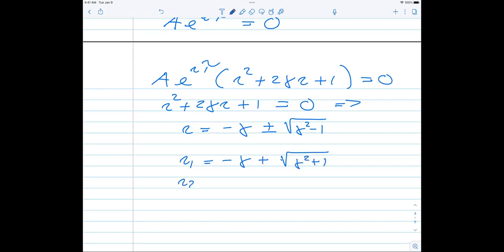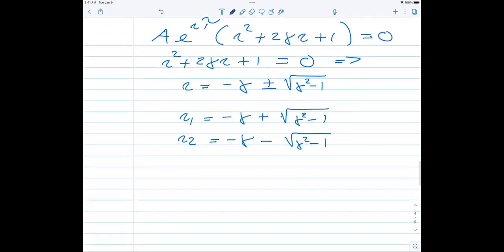And I can define a new parameter, R2 here, which is the same as minus gamma minus the square root of gamma squared plus 1. Sorry, it should be minus 1. Sorry for that, it should be minus here. Gamma squared minus 1, gamma squared minus 1.